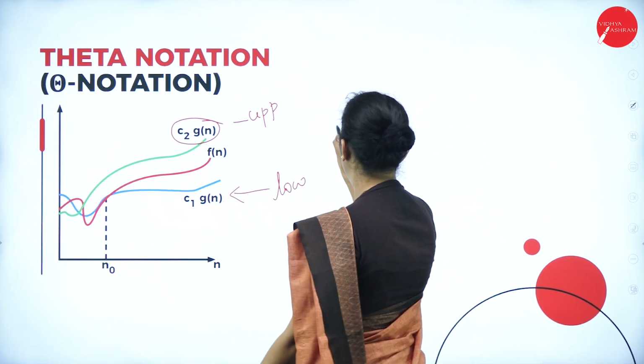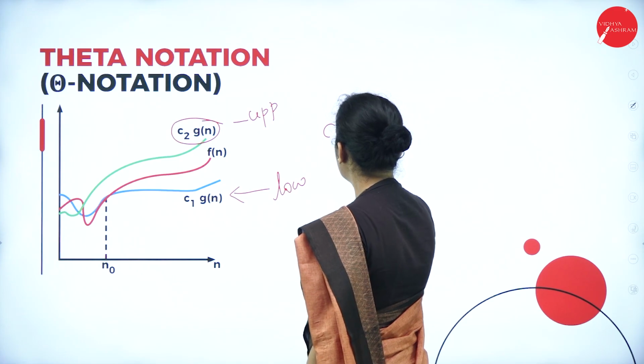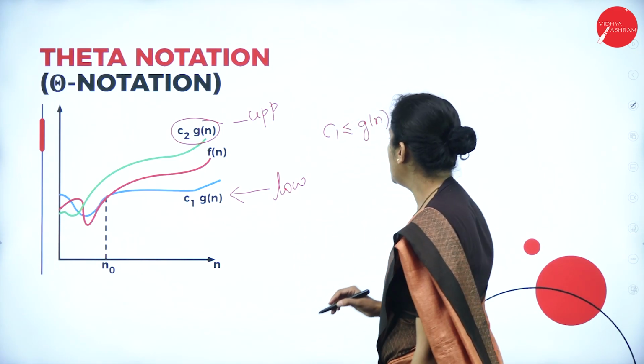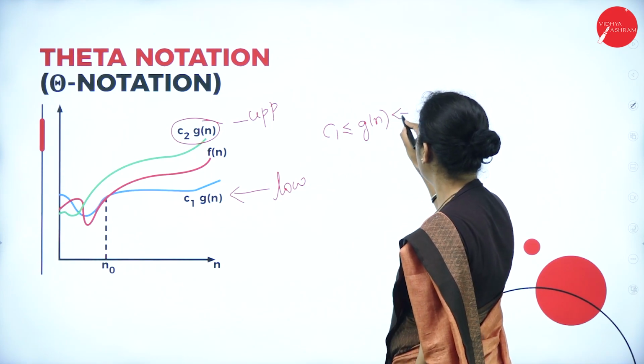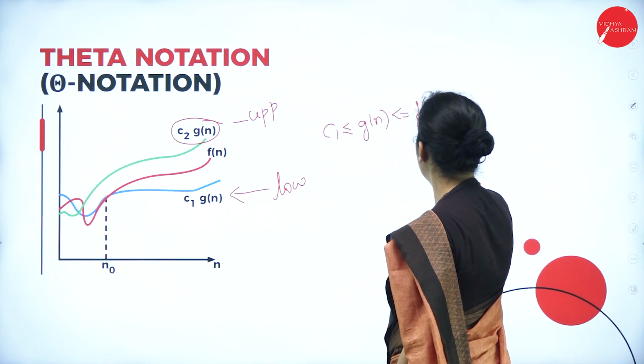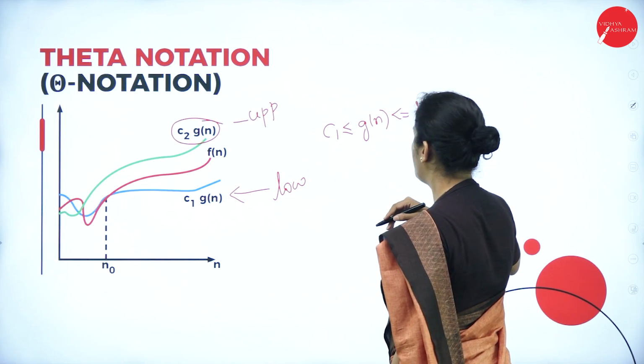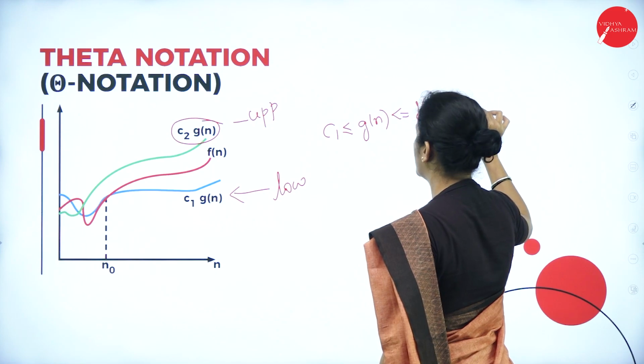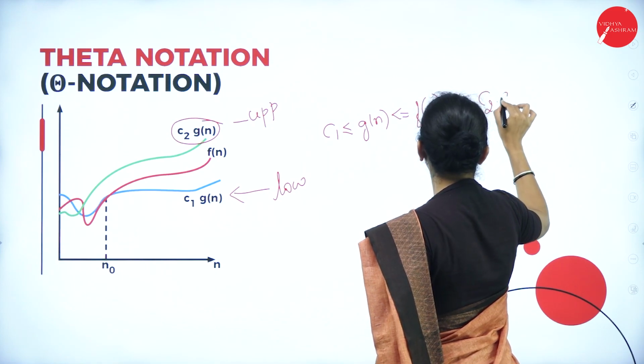Then how to write? C1 of g of n must be less than or equal to f of n, and f of n must be less than or equal to C2 of g of n.